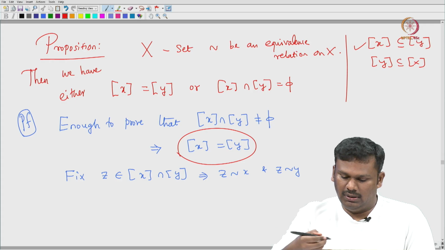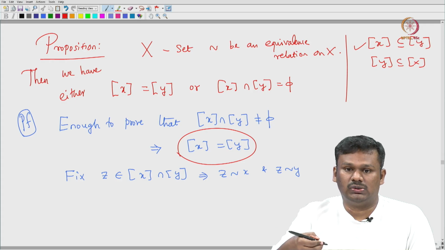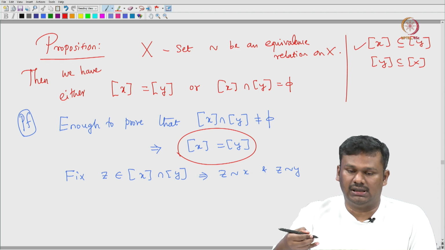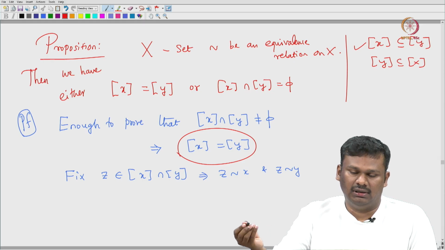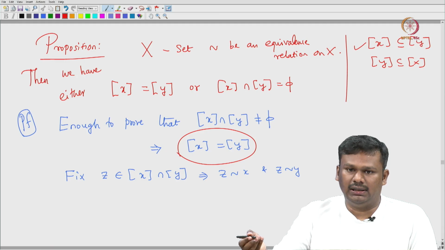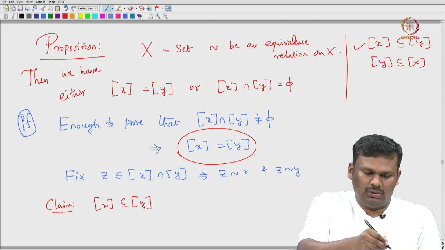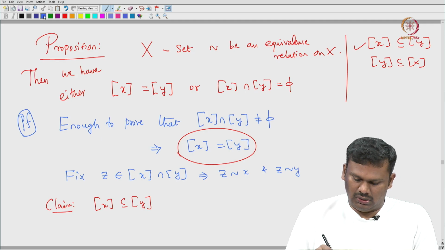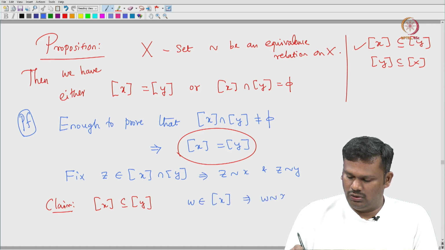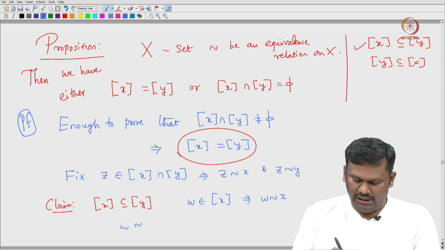If the class of X intersection the class of Y is non-empty, that implies the class of Y intersection the class of X is non-empty, and if we prove that class X is contained in class Y, a similar argument will tell you class Y is also contained in class X. So, let us claim that class X is indeed contained in class Y. Let us start with an element W coming from class X, which implies W is related to X. Now, W is related to X and Z is related to X, and that implies W is related to Z.